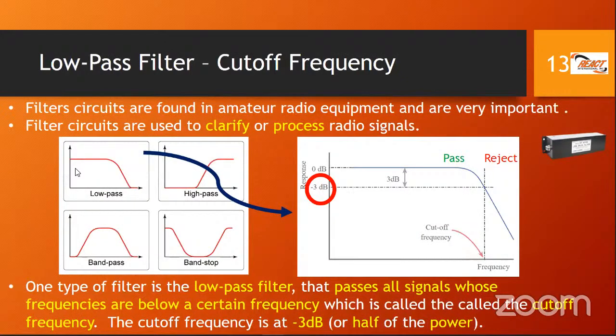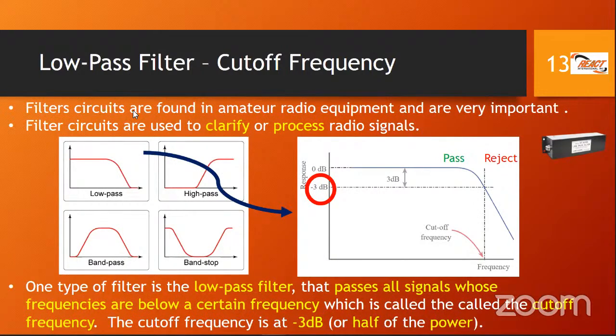Okay, so we have dealt with filter circuits before, and if we look on the left-hand side of our diagram, we will see that we have put up 4 different types of filter circuits. Filter circuits are found in amateur radio equipment, and they're very important.